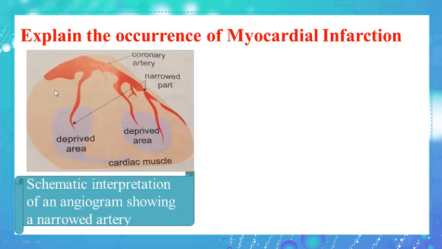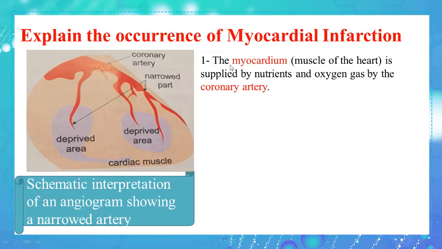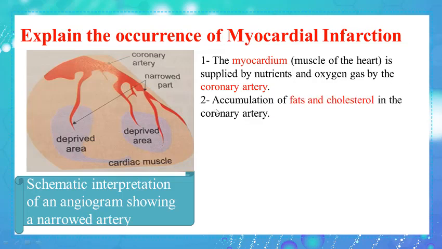Here we have a schematic interpretation of an angiogram showing a narrowed artery. So we start. The myocardium, the muscle of the heart, is supplied by nutrients and oxygen gas by the coronary artery. We have accumulation of fats and cholesterol in the coronary artery. Fats and cholesterol form a plaque.